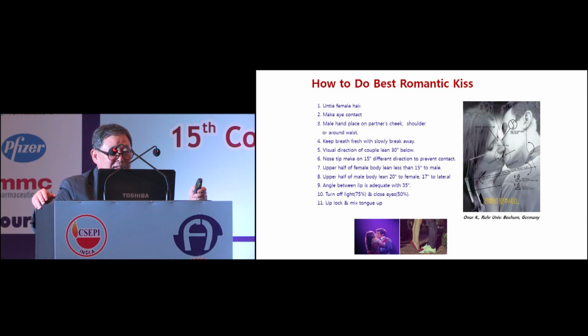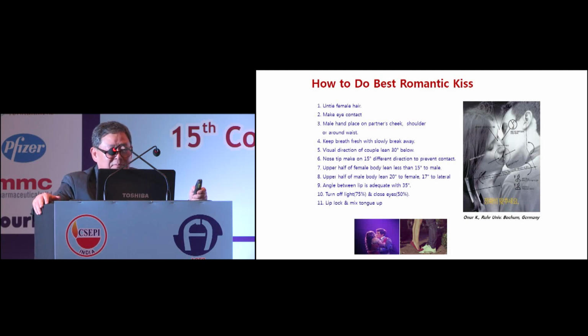At first, the female unties her hair, they make eye contact, the male places his hand on the partner's cheek, short, round waist, keep breath, press, slow breakaway. Visual direction of the couple leans 30 degrees below, nose tips make a 15 degree different direction to prevent contact.